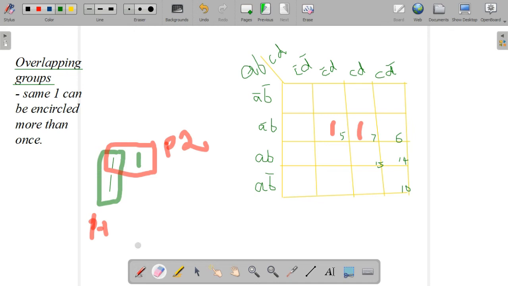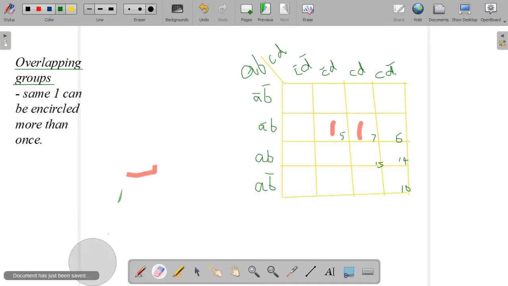Okay, so just imagine here we have values 1 and 1 in a pair in positions 5 and 7, and other values 1, 1, 1 and 1.